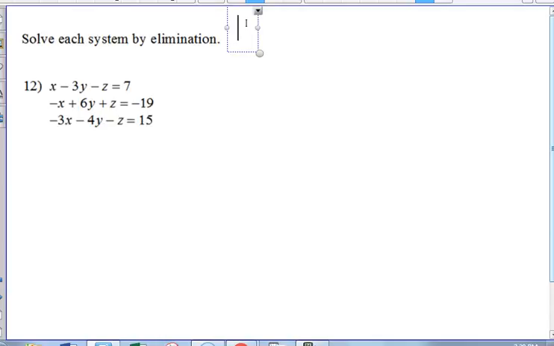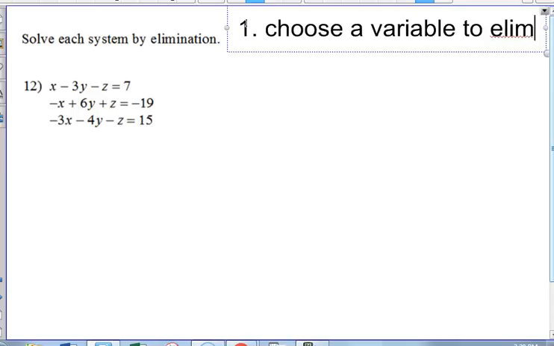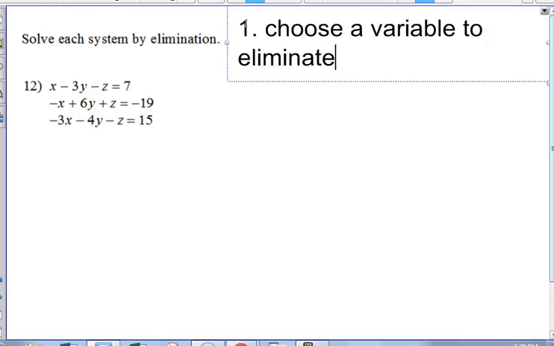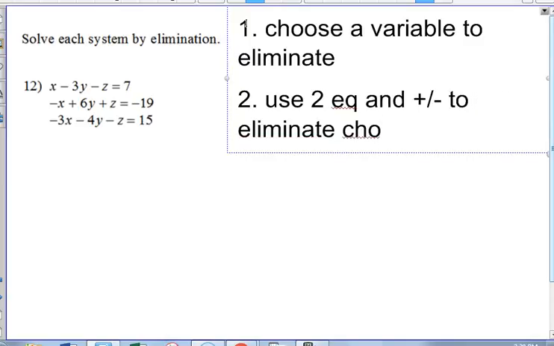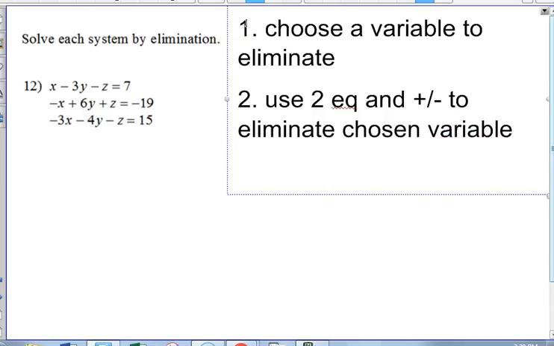First of all, you choose a variable to eliminate. Yes, I'm going to eliminate. 2, you're going to eliminate that variable using 2 equations, with either adding or subtracting. Okay, 3.